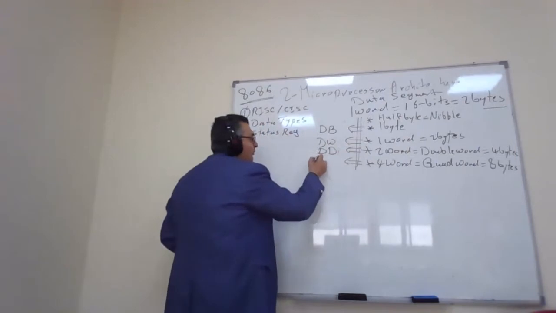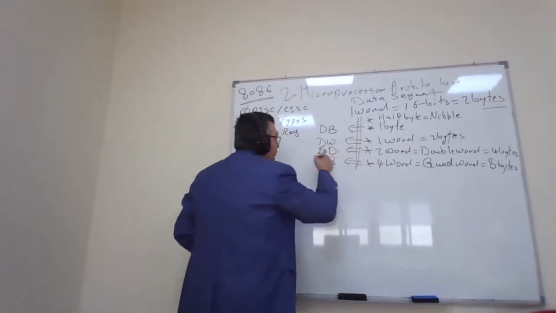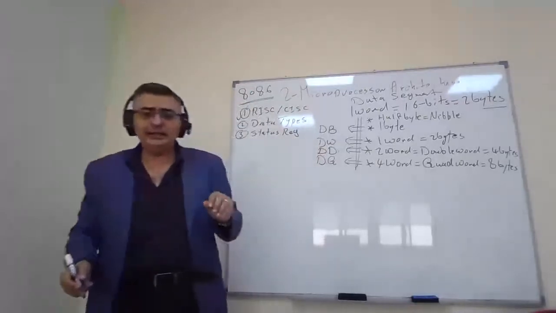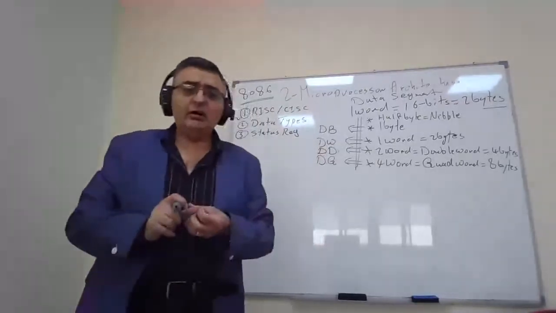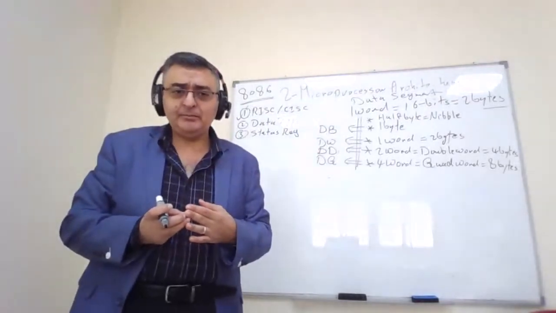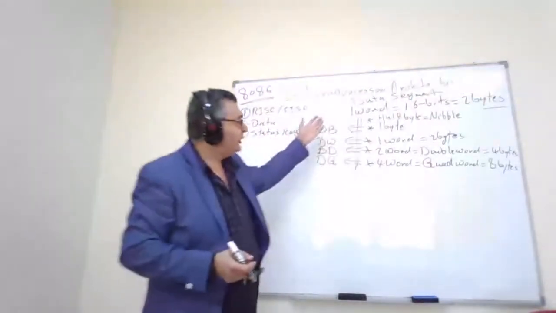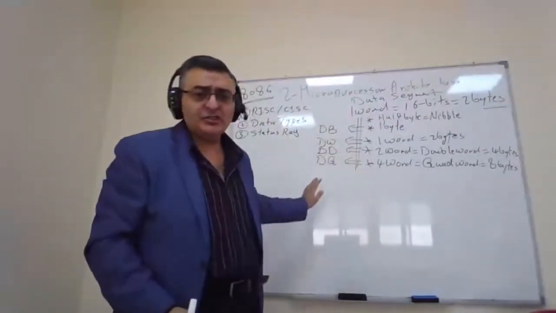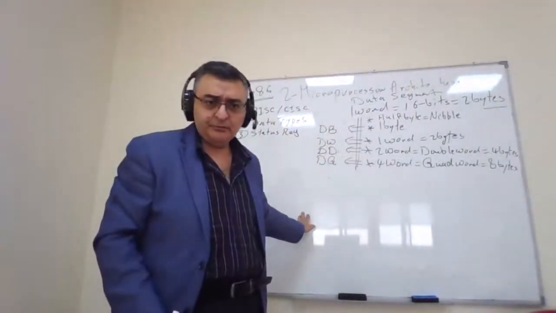To define a quad, I'm using DQ. Those 2 letters actually indicate the size of the data that I want to reserve in the data segment. Okay, we will see more examples of this when we go to the coding in chapter 3. But this is the basic definition.